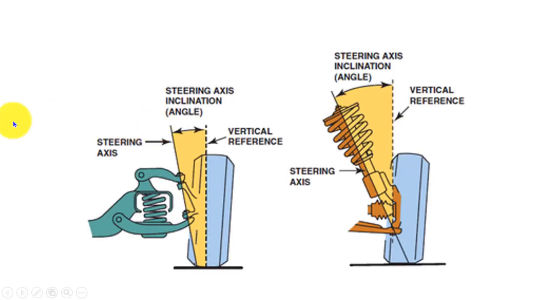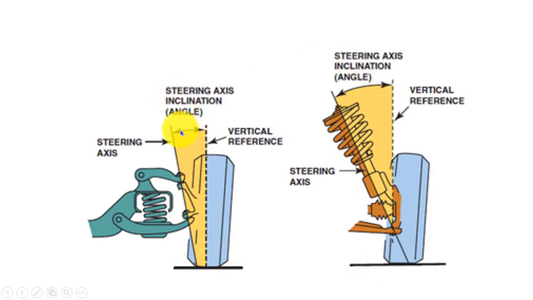In this figure we can see the steering axis in the vehicles we use nowadays. On the left side we have the Wishbone suspension system, and on the right side the McPherson suspension system. We can see the steering axis is inclined to the inward side, and this is known as steering axis inclination.